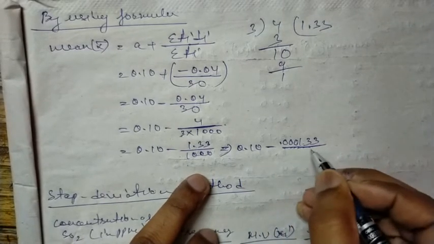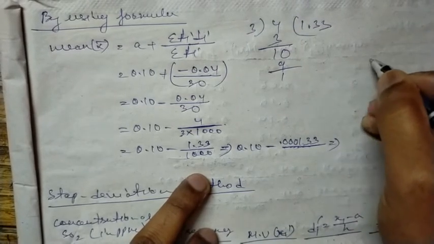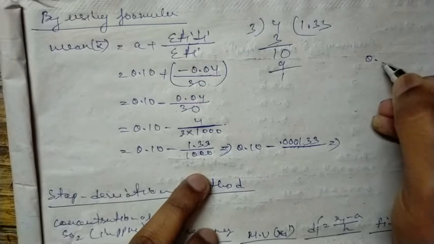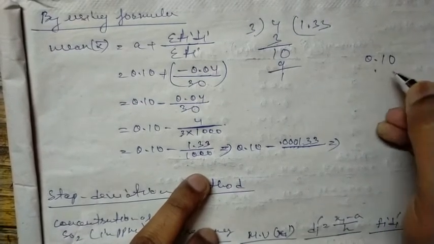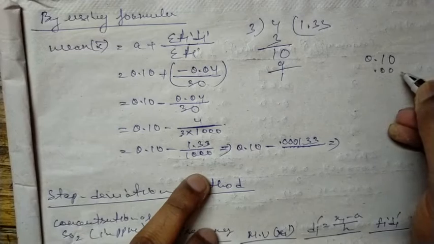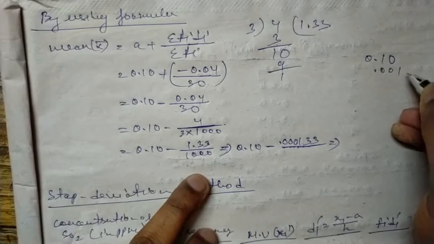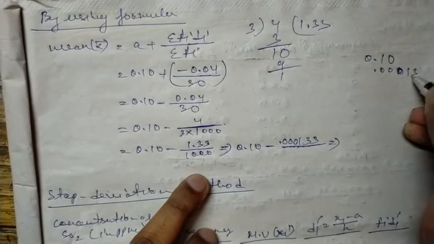Okay, let's see how we can subtract this. 0.110, the decimal point will be over here, 0 0 1 1 0 0 for the 0.110 and 0 0 1 3 3 for the other.